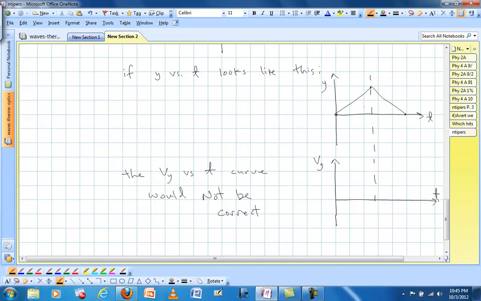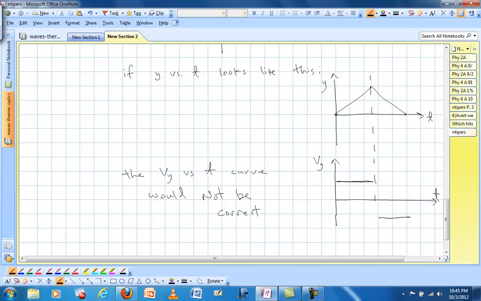It would have a positive slope and constant for the first half, and it would have a negative slope and constant for the second half. I'm looking at the y versus t curve now when I say slope. So if the slope is positive of the y versus t curve and constant, then our velocity is constant positive number, and on the other part, it's a negative constant.